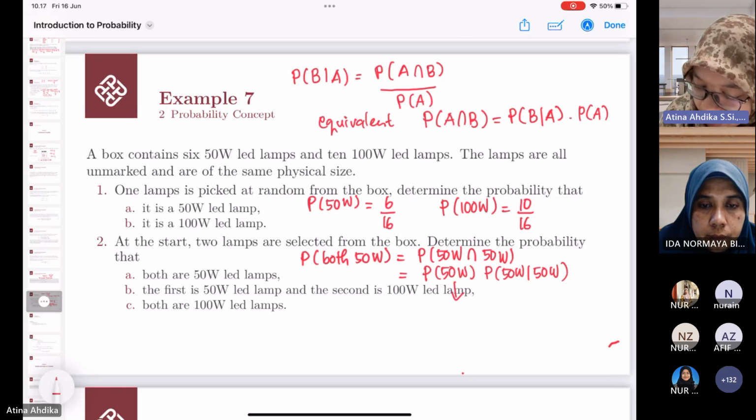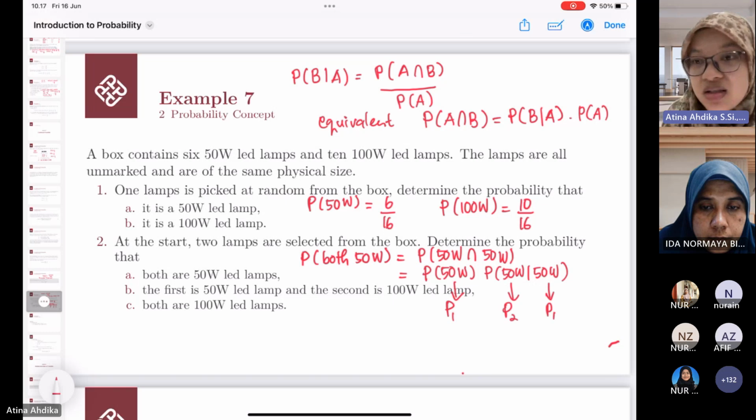I can call the first P1, and the second is given that the first is also a 50-watt LED lamp.